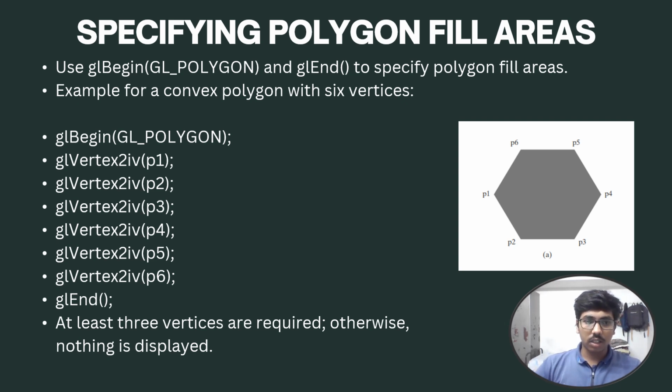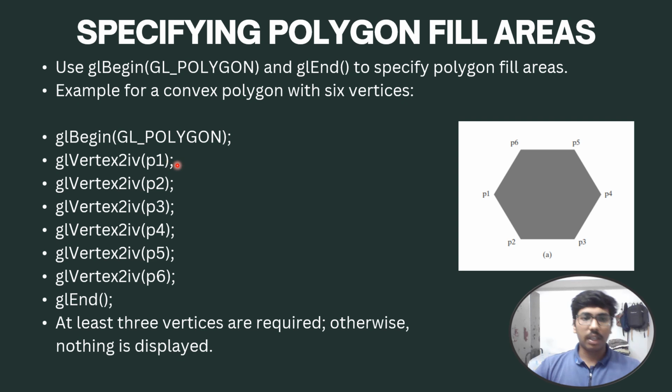As we can see here, in glVertex2iv, 2 is the number of coordinates, i is the integer, and v is the vector. We actually gave the points P1, P2 earlier, which we are just using now.